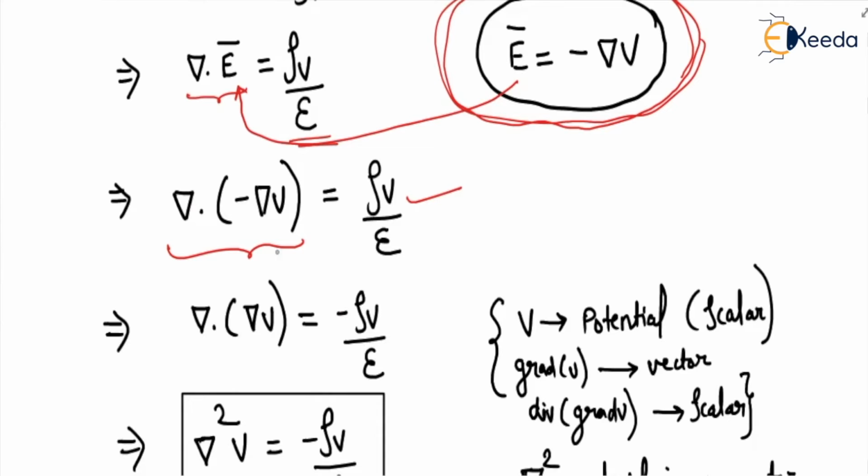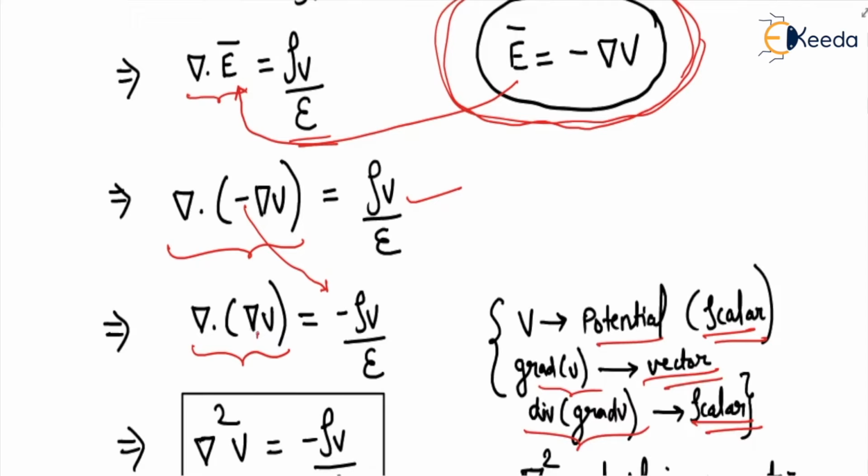So this minus we can take on this side and it is del dot del V. So del dot del V is a del dot del; V is potential and it is scalar. When first we take the gradient, the gradient of V will be a vector, and the divergence of the gradient of V is again a scalar quantity.